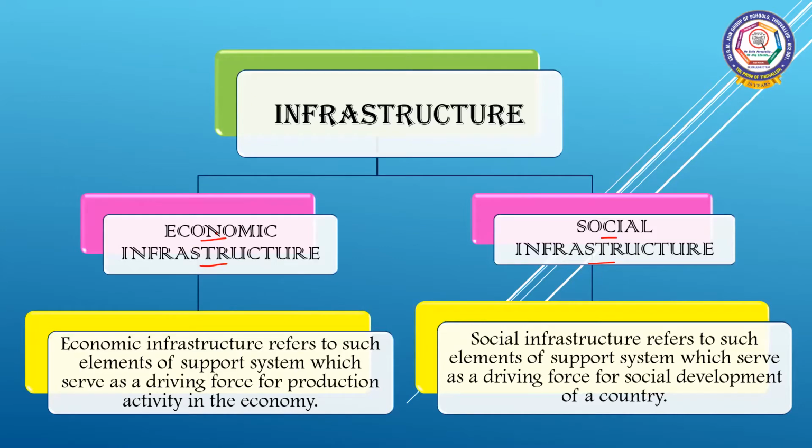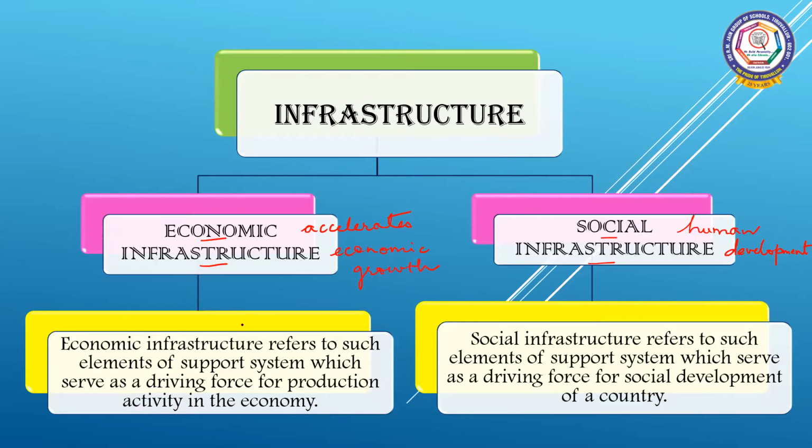Now, from the word economic, we can understand that this would help or accelerate growth in the economy, whereas social infrastructure accelerates the process of human development. Economic infrastructure accelerates economic growth.